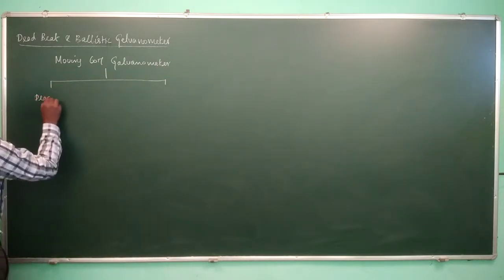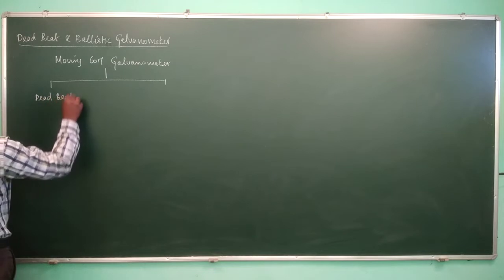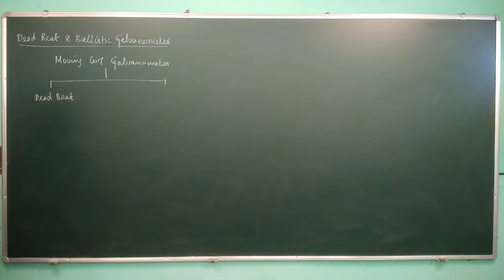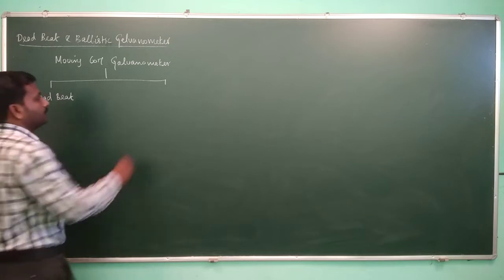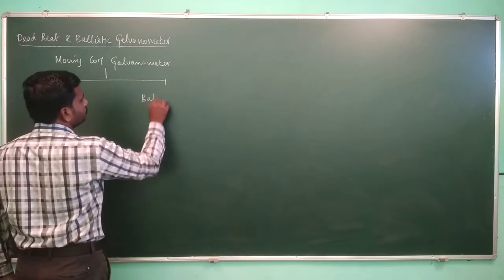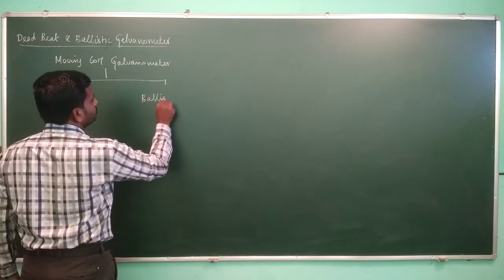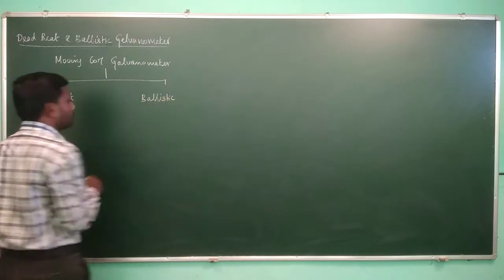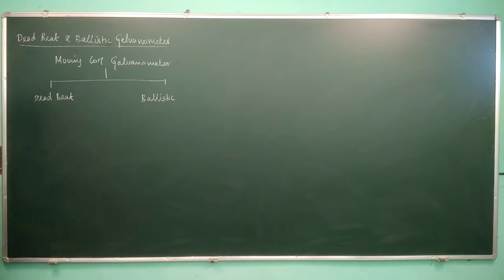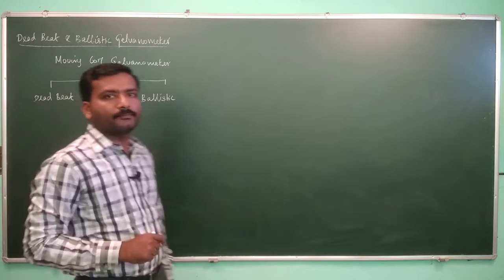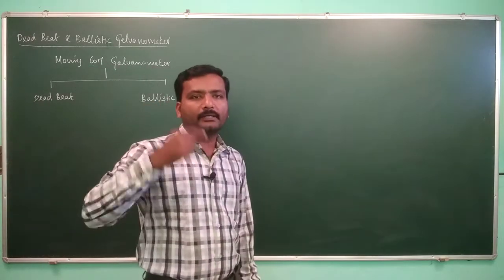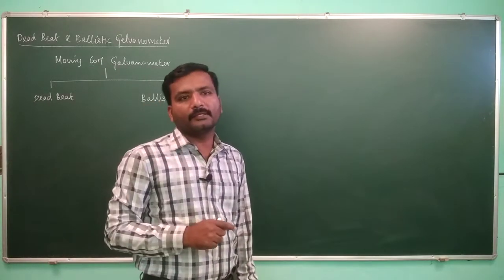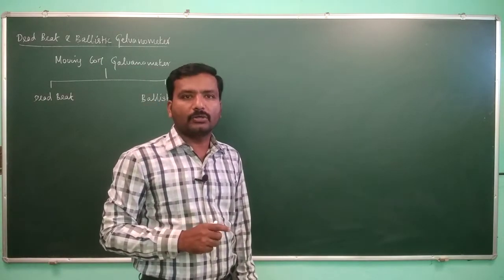One is deadbeat and the next one is ballistic galvanometer. A moving coil galvanometer is said to be deadbeat when the rectangular coil is wound on a metallic frame.